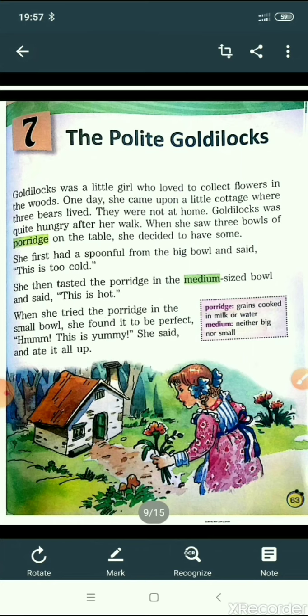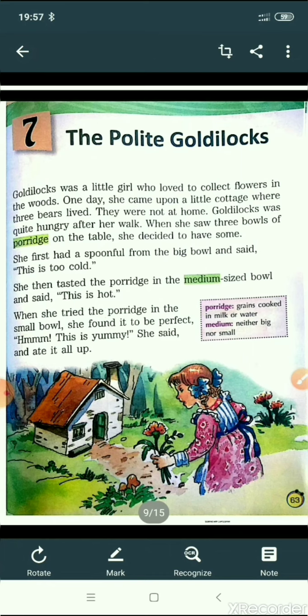But at that time, the bears were not at their cottage, and so she decided to enter the cottage. She entered the cottage, and since she was hungry, she saw three bowls of porridge kept on the table.